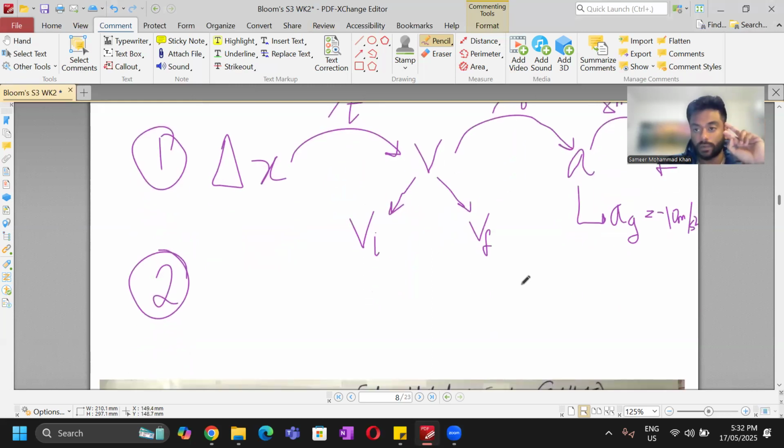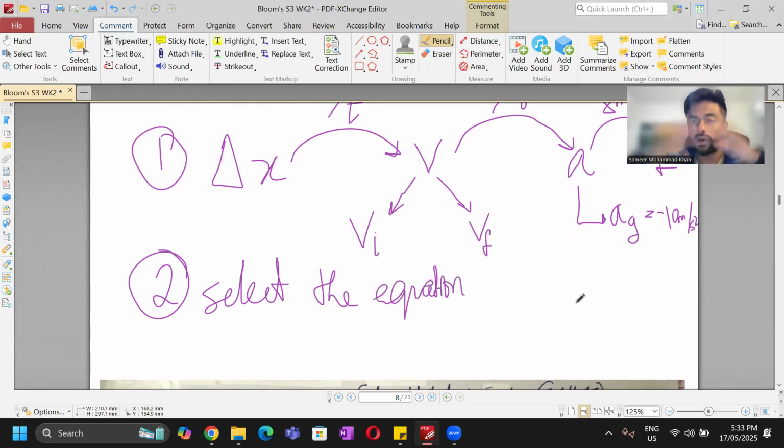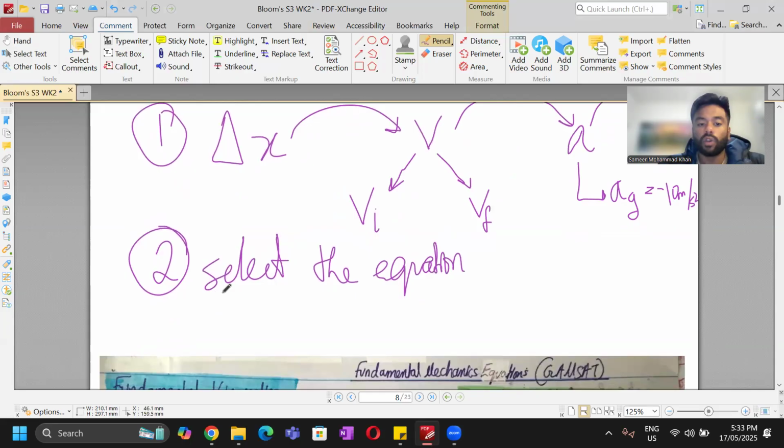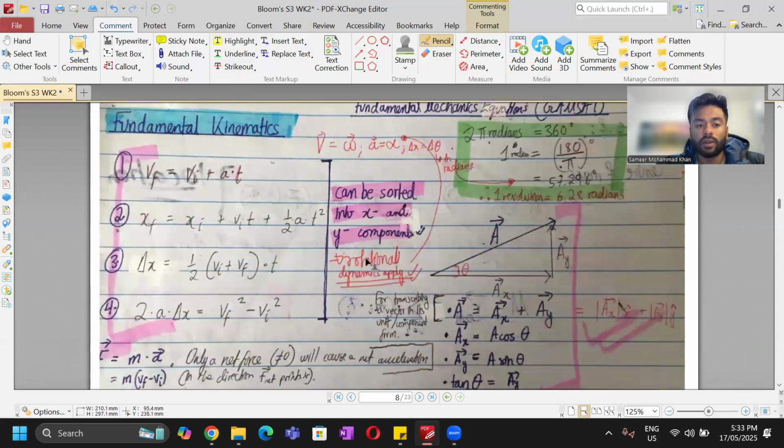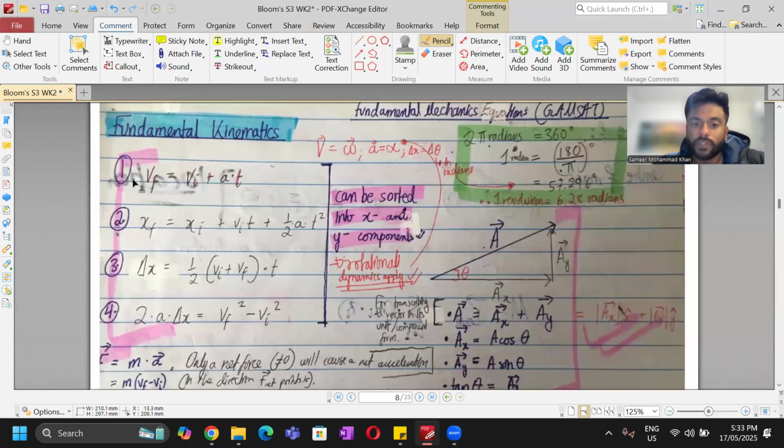The second principle, right, is then select the equation, right? Select the relevant equation, the relevant mechanics equation or systems equilibrium equation that will isolate you to simply one independent variable. And what do I mean by one independent variable? I mean, when you are given these questions, you will be given a list of formulas as well, right? So here I've just pulled out four of the fundamental formulas for mechanics, okay, based off of my own personal notes, right?